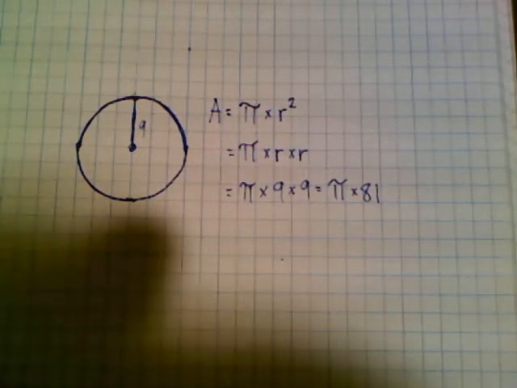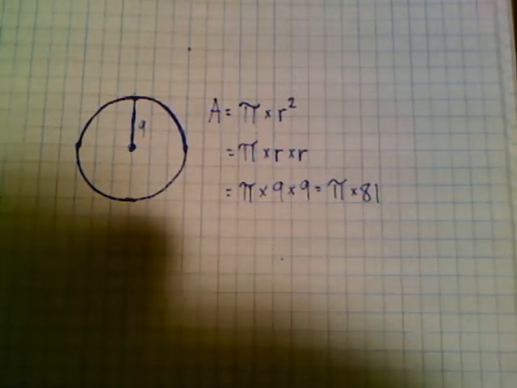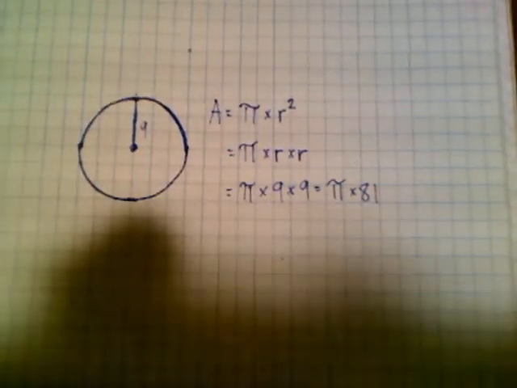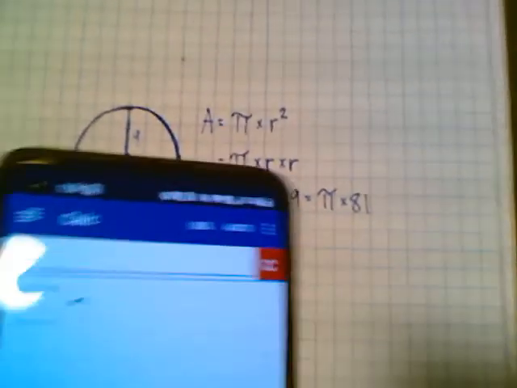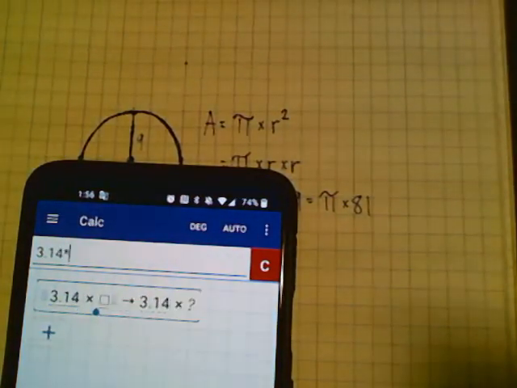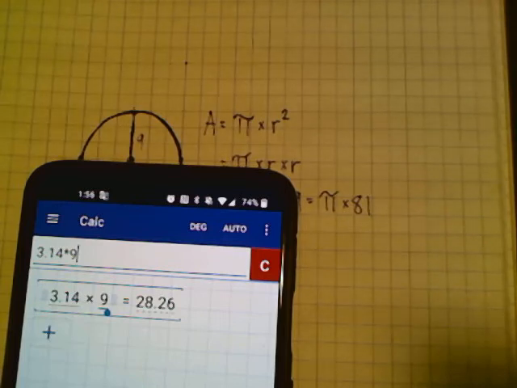Let me double check on that. I should have my calculator up already. I'm sorry. It's just 3.14 times 9 times 9.